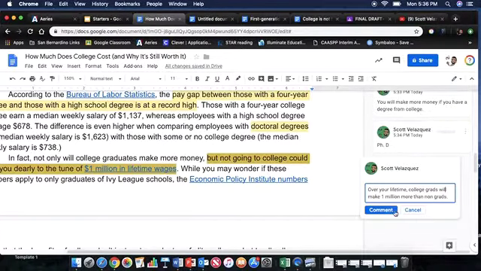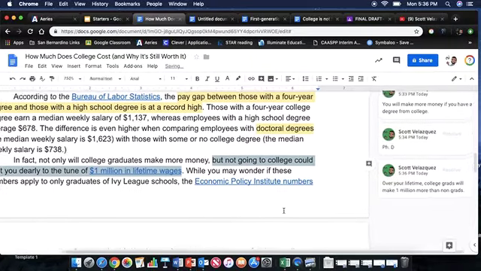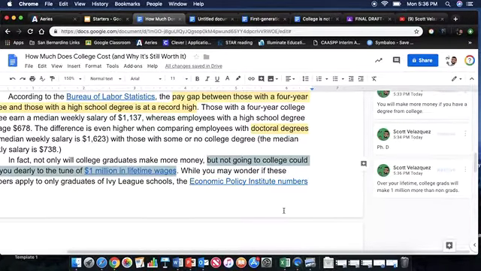That's a big difference, right? If you went to college, you're going to make 1 million more dollars than somebody who didn't go to college. I know it seems like a lot of money, but trust me, you're going to be working for 30 years, right? So that's a lot of money.